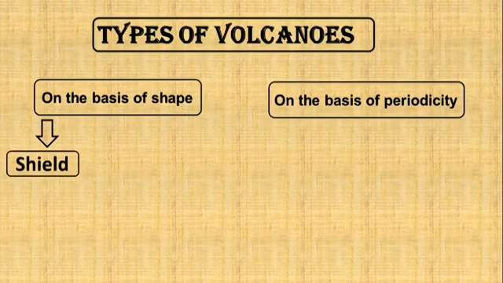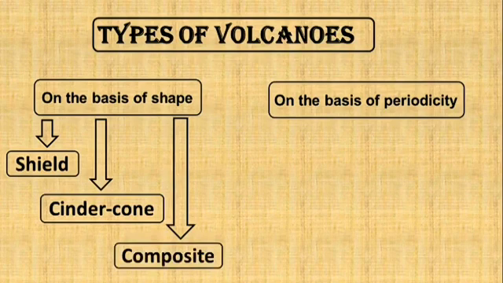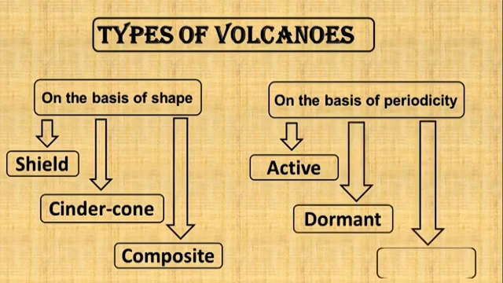On the basis of shape we saw shield volcanoes, cinder cone volcanoes and composite volcanoes, and on the basis of periodicity we went through active volcanoes, dormant volcanoes and extinct volcanoes.